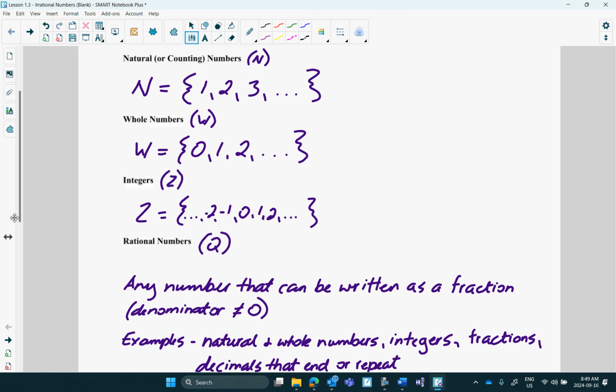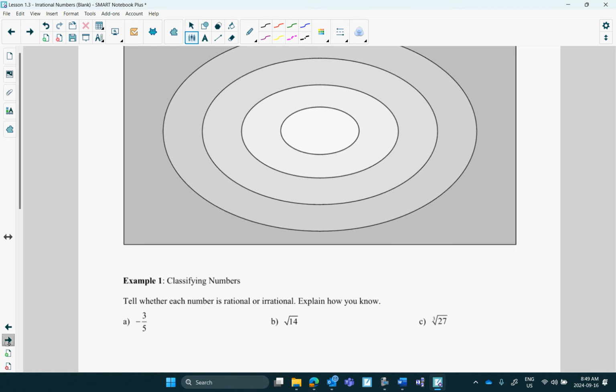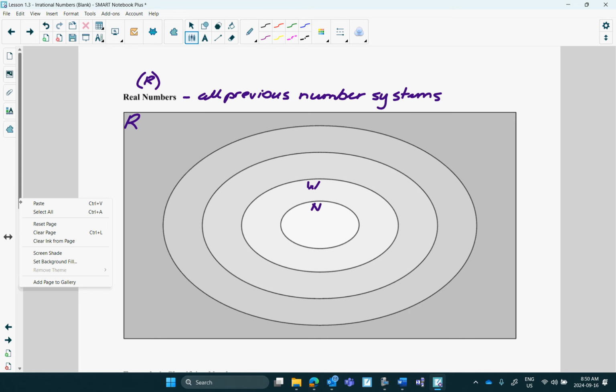So imagine if we look at it graphically, we can put the natural numbers in here. Because every natural number is part of the whole numbers, which is a bigger circle around it, but only actually includes 0. All the whole numbers are integers.